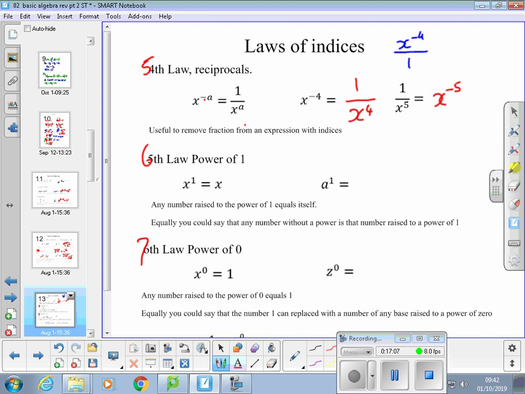And what can we write 1 as in terms of x? What power do I have to raise x to make the answer 1? X to the 0. Now apply the second law of indices. Sorry, hang on, I'm losing myself now. I'm trying to prove something.